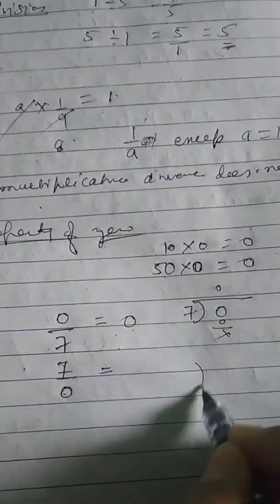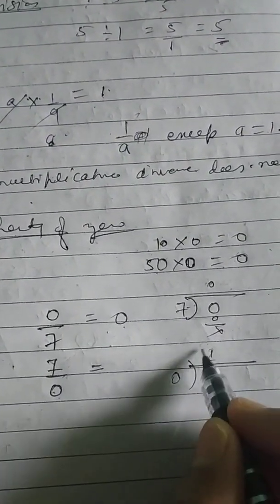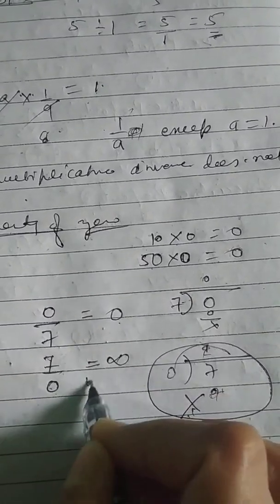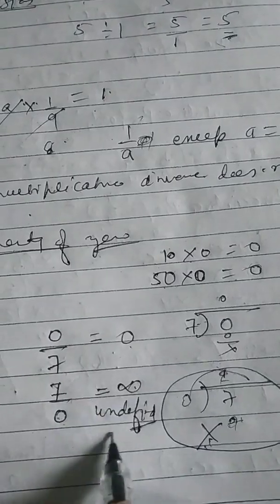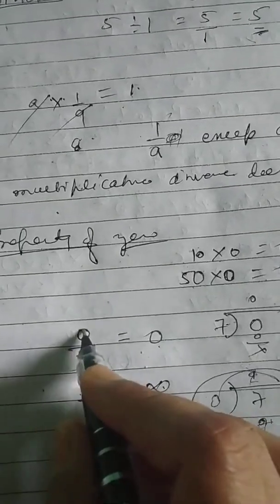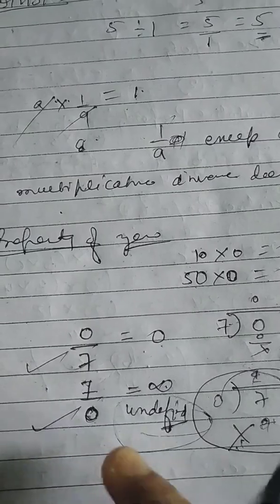But if we divide, 0 ones are 0, 0 twos are 0, 0 sevens are also 0. We will never get 7 here. So this division is not possible. Its value is undefined. It gives the value infinity, meaning undefined value. There is no value. So 0 cannot divide any number, but any number can divide 0. Always remember, 0 will never go in the denominator.